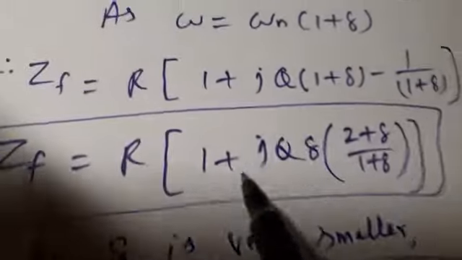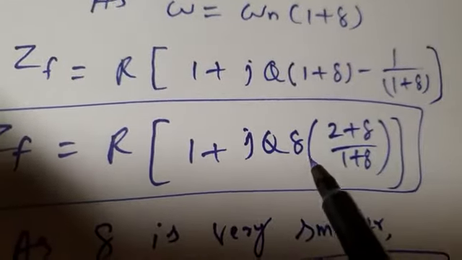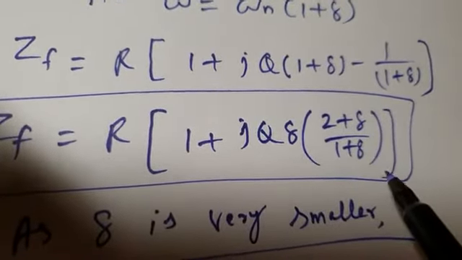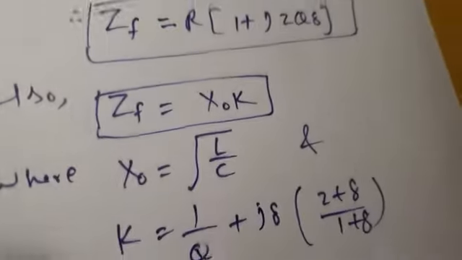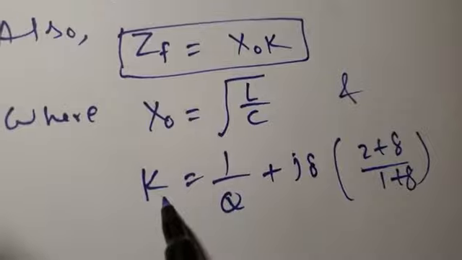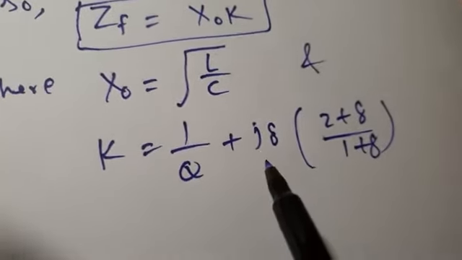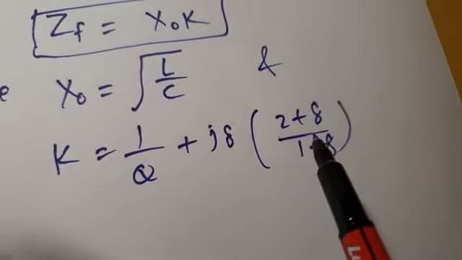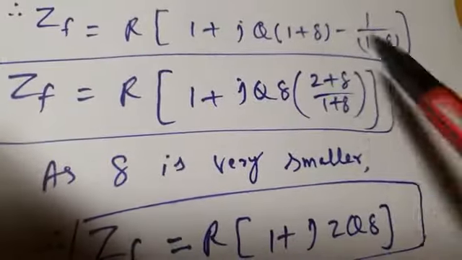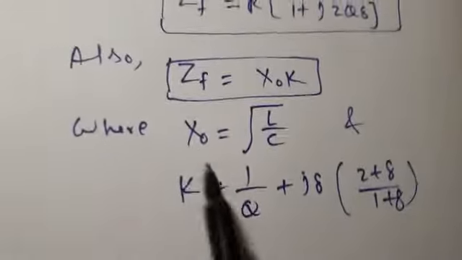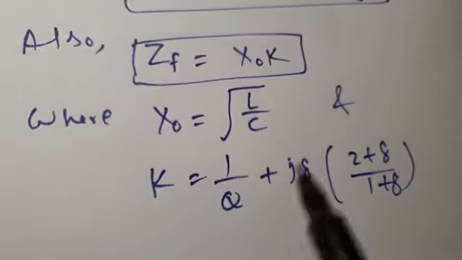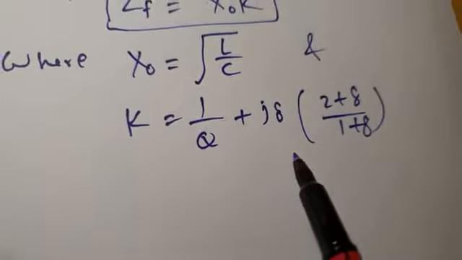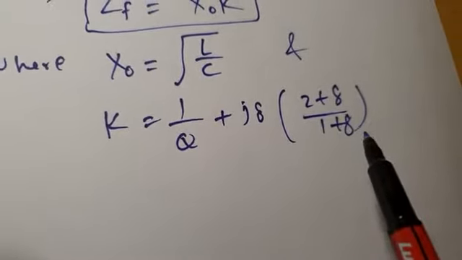If you manipulate and simplify it, you can write it in this form: ZF equal to X naught K, where X naught is the square root of L by C and K is 1 by Q plus J delta times 2 plus delta by 1 plus delta.